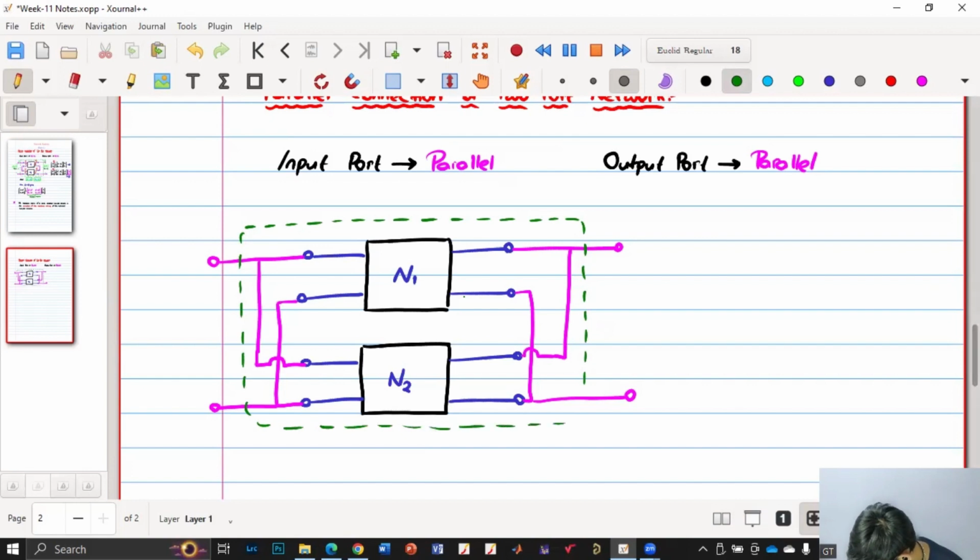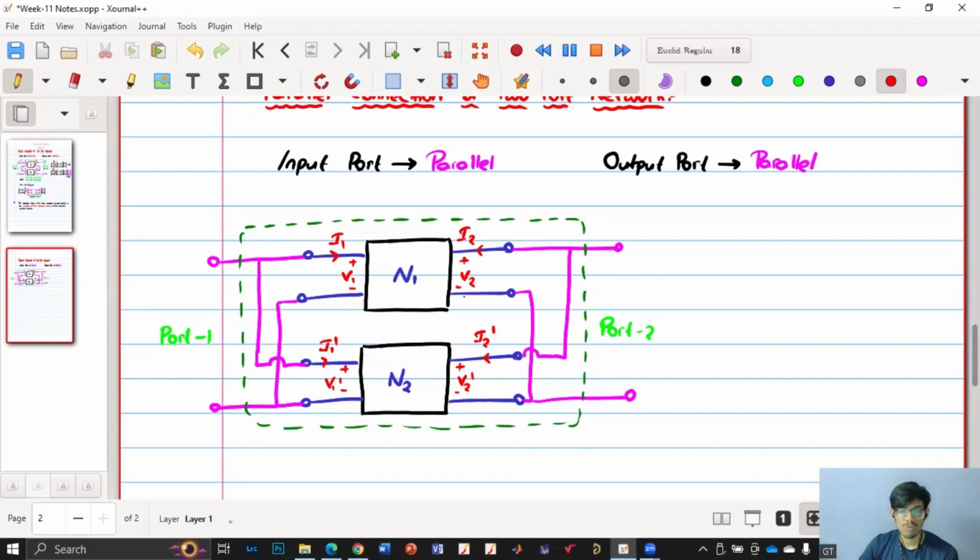All right. So now this is our new port input, say port 1, and this is port 2. Okay, let us consider the voltages V1, V2, I1, I2, V1 dash, I1 dash, V2 dash, I2 dash.